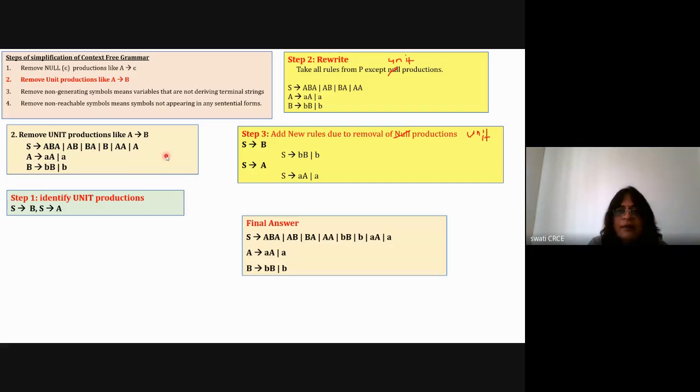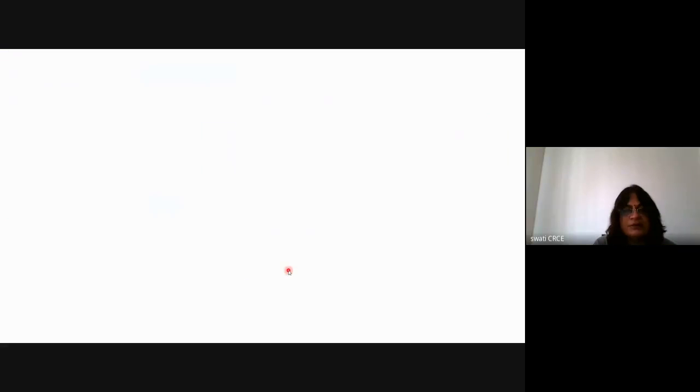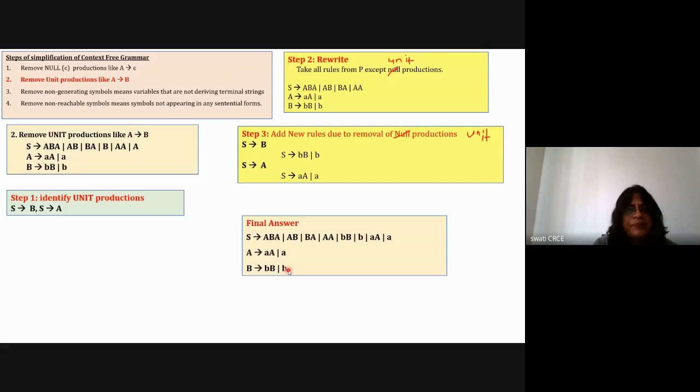When you rewrite the grammar, you combine all the rules to write the final answer. All the rules of S here, then the rules of S here, and the third rules of S. So combine them together and write the final answer properly visible. Okay. So have you understood this?